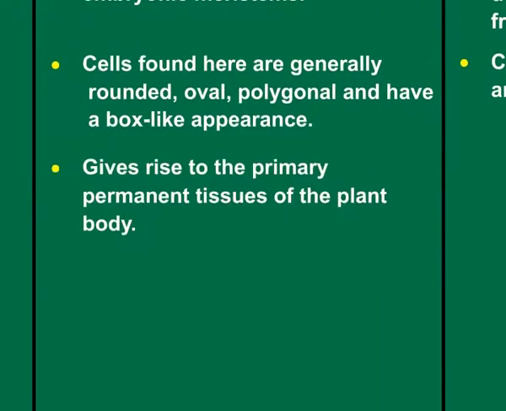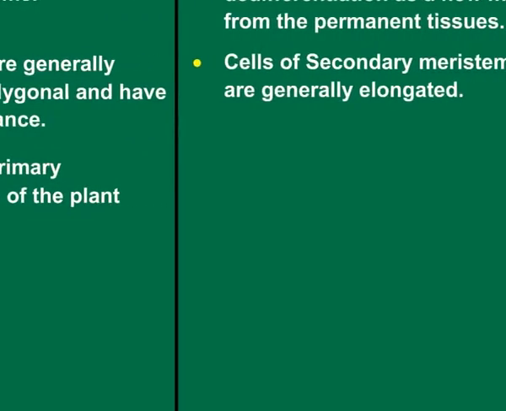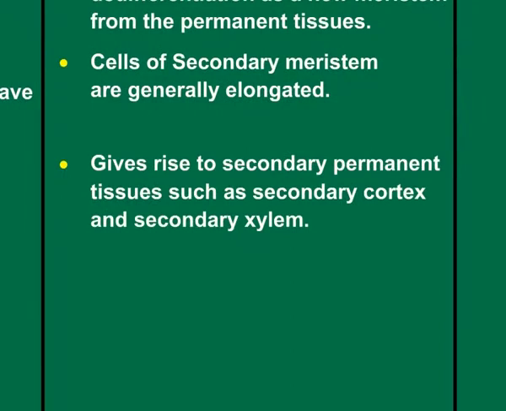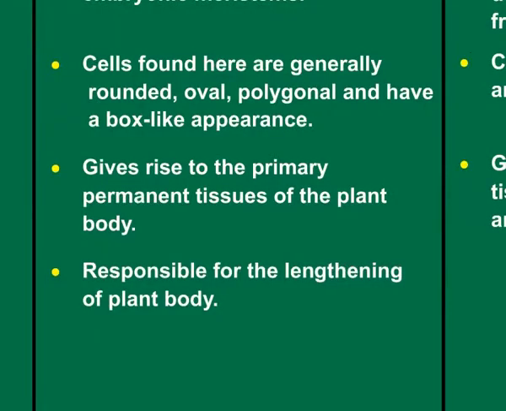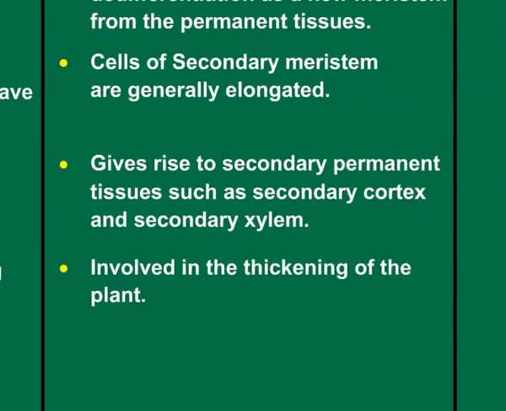Primary meristem gives rise to the primary permanent tissues of the plant body, but secondary meristem gives rise to secondary permanent tissues such as secondary cortex and secondary xylem. The primary meristem is responsible for the lengthening of the plant body, whereas the secondary meristem is involved in the thickening of the plant.